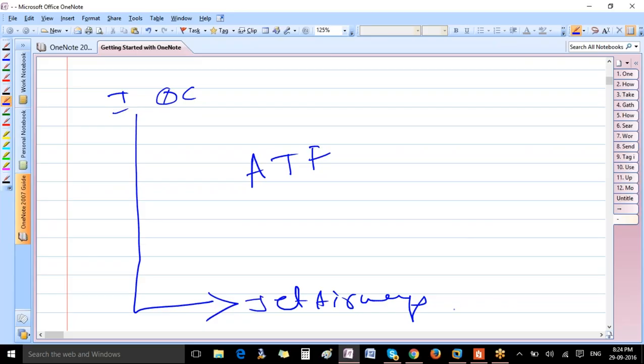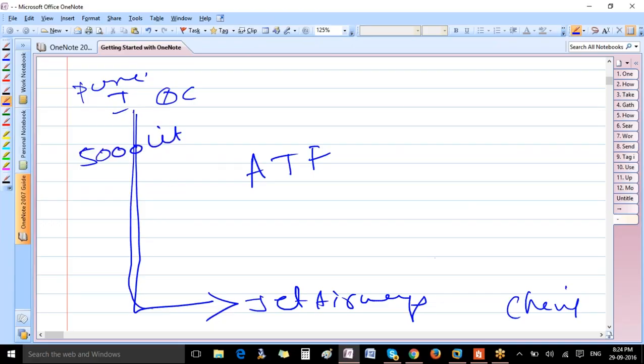The stock plant for Jet Airways to stock ATF fuel is in Chennai, and the IOC plant is in, say, Pune, some 1,000 kilometers away, I don't know the exact distance, not to scale. They have delivered some 5,000 liters of ATF to the Chennai Jet Airways plant from the Pune IOC stockyard.